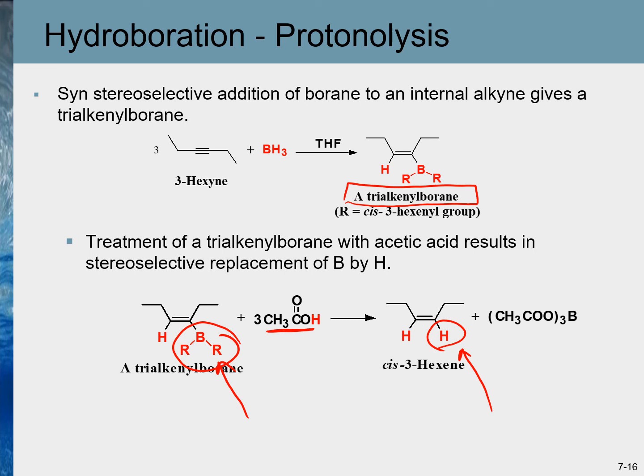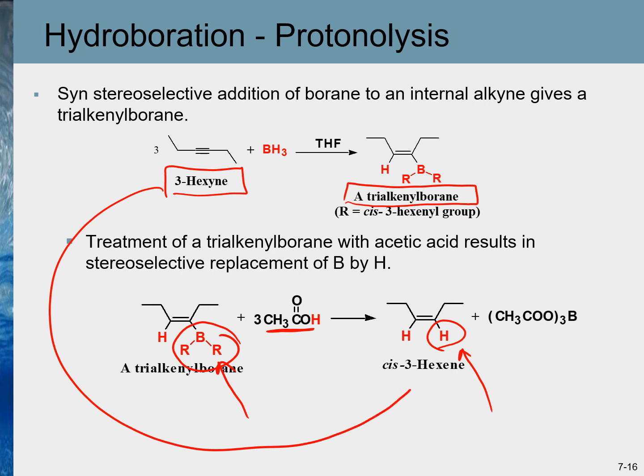So the net effect of this reaction is a reduction of alkyne into alkene. Thus, hydroboration, protonolysis, and catalytic reduction over a Lindlar's catalyst provide alternative schemes for conversion of alkynes to a cis alkene.